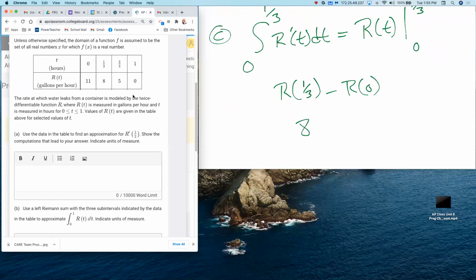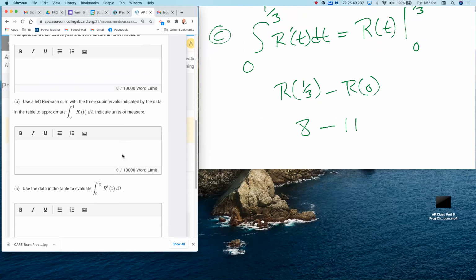Now, I saw several people switch those and do 11 minus 8. They did great stuff, and then they wrote 11 minus 8, and that was too bad. You could jump right to this, but you can't stop there.